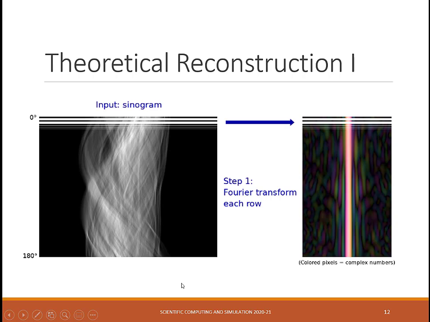In the following slides, I'm going to visually present the steps to obtain the cross-sectional image, or the function f(x, y). Suppose we have a sinogram of a given p(theta, r) function. In the first step, we Fourier transform each row of the image to obtain the p tilde function.